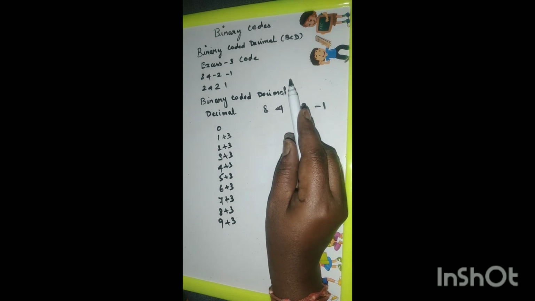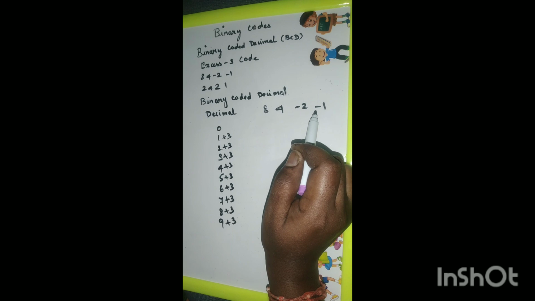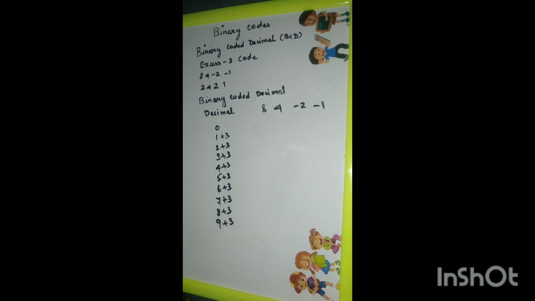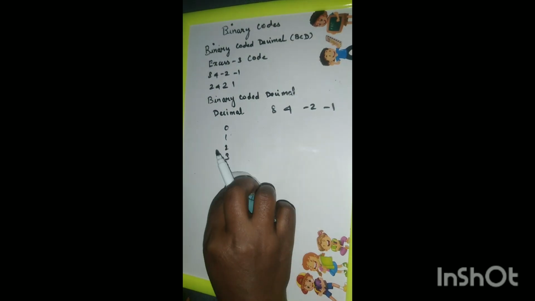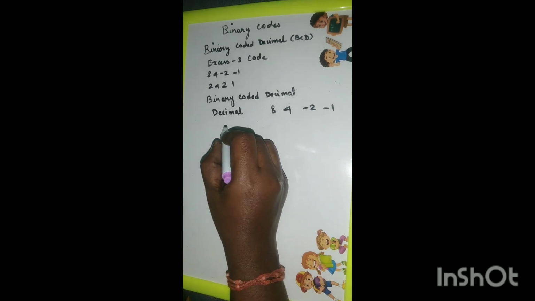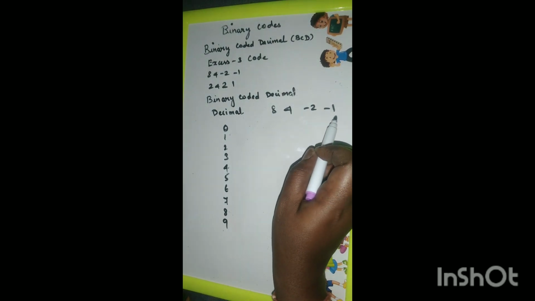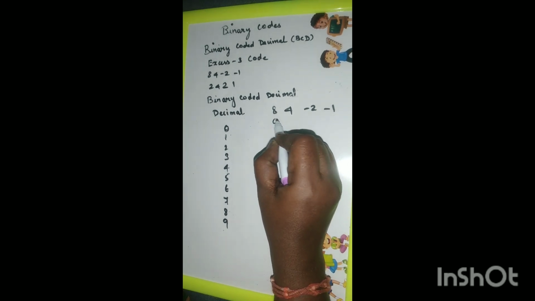In BCD code we have 8 4 2 1; here 8 4 minus 2 minus 1. The weights are different, but the method is the same as BCD. For 0, we don't have 0 here, so we should assign 0 for all the digits.